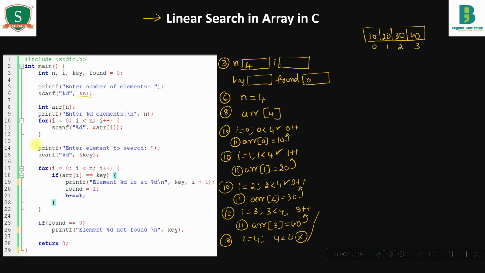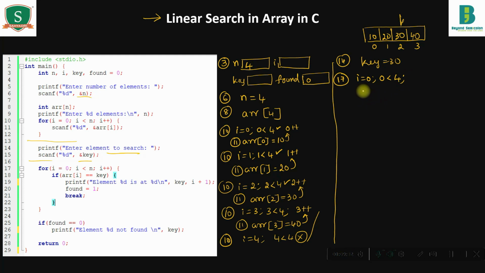After exiting the for loop, we reach the 14th statement, which is: enter the element to search. Consider you are looking for the element 30. So 30 is the value that you are searching for. Again we are entering the loop, the 17th statement, i is equal to 0, 0 less than n, whose value is 4, which has not changed.